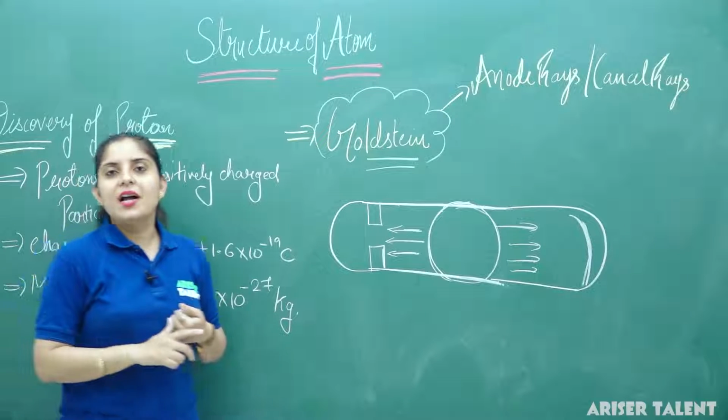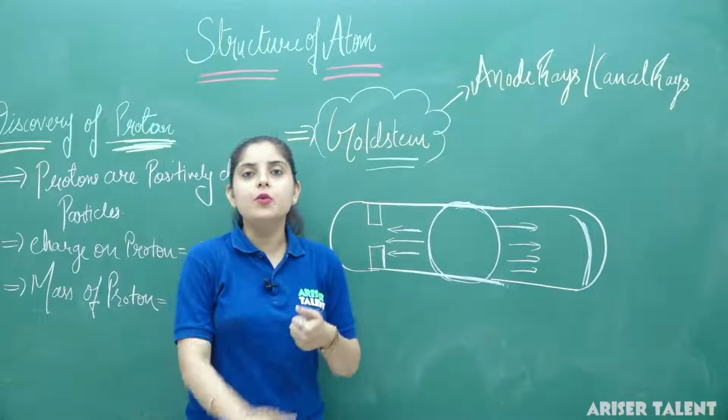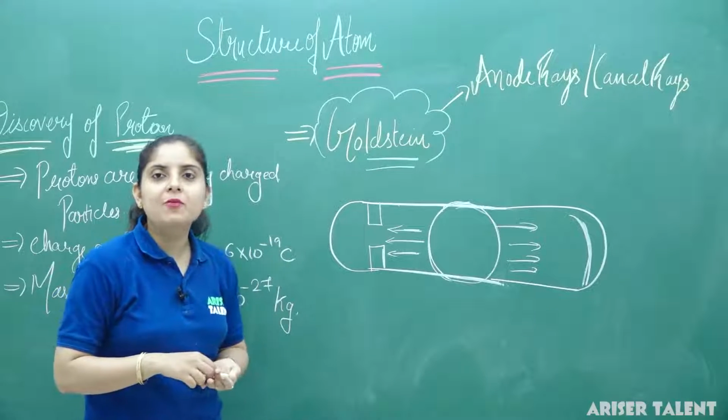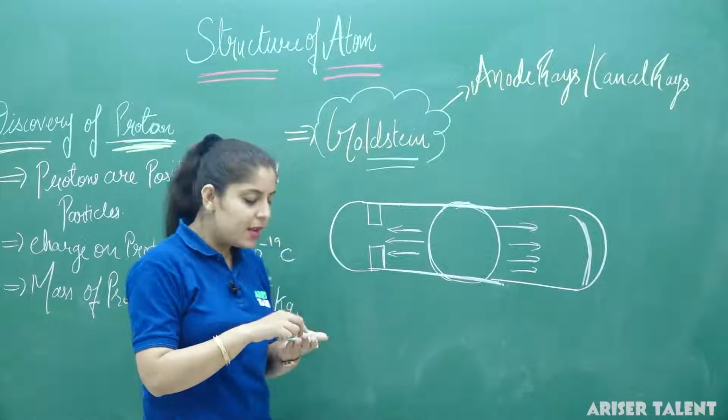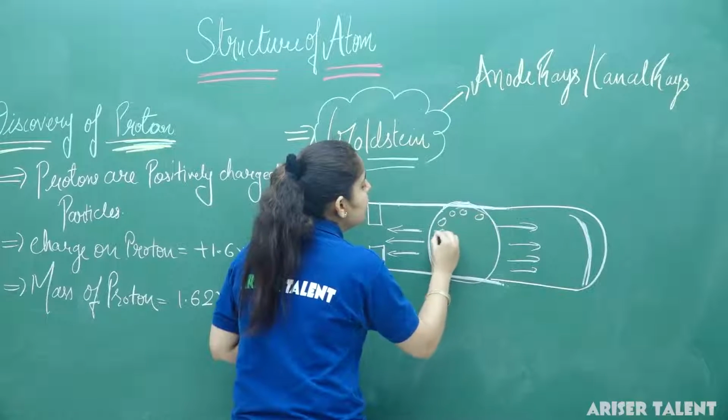The same discharge tube was taken by Goldstein and he discovered a new kind of rays that is known as the anode rays. For this experiment, what modifications did he make? He took a perforated cathode.